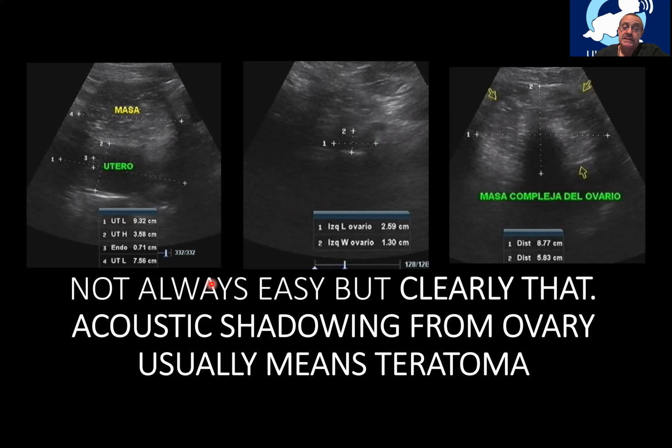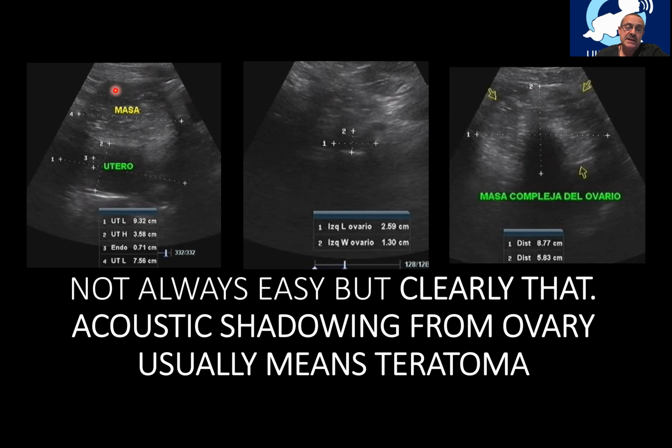Here, it's not an easy to see mass, but here we can see posterior acoustic shadowing from something that we don't clearly see.